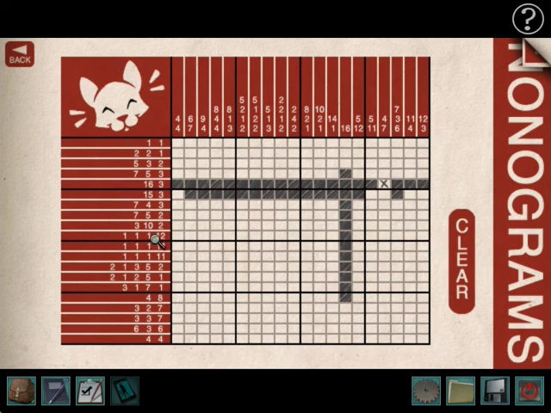Oh. Nope, not that either. I don't think either of these are... Well, 8, 4, 4 comes kind of close, but not quite. 10, 2, and 1.